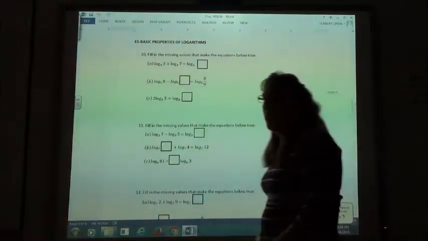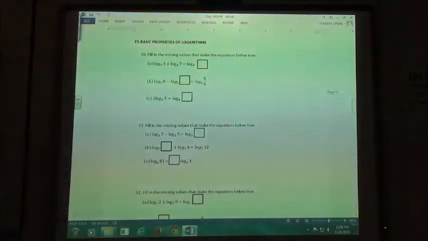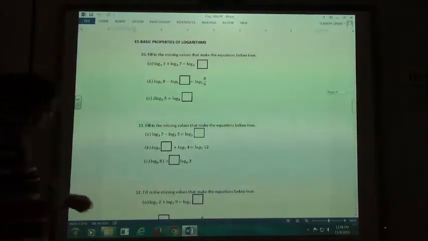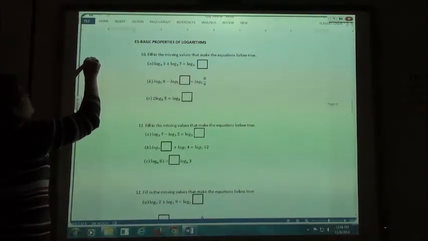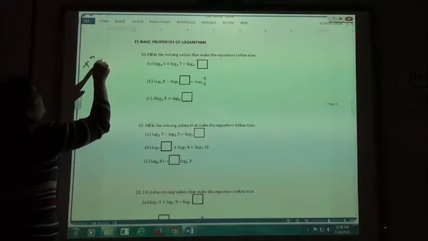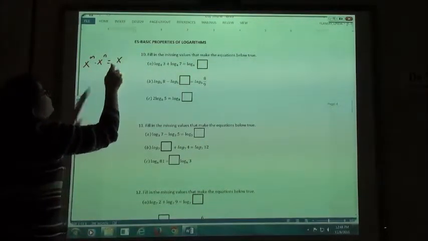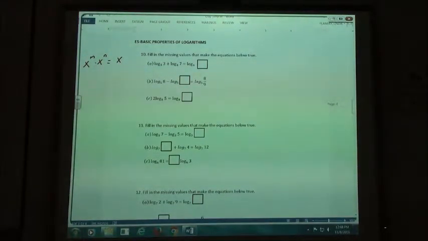Basic properties of logarithms. Now, logarithms are inverses of exponential functions. So the rules end up being the opposite of what they are for an exponential function. When we have x to the m times x to the n, we have x to the, and what do I do with my exponents?